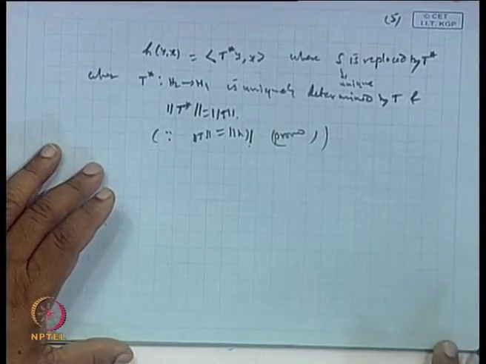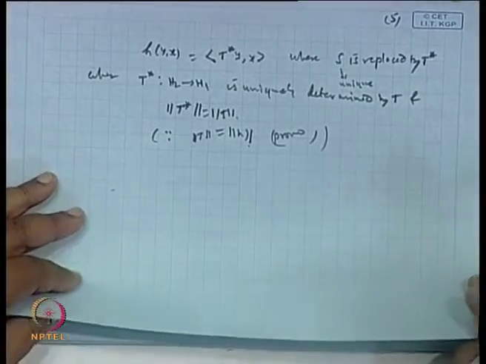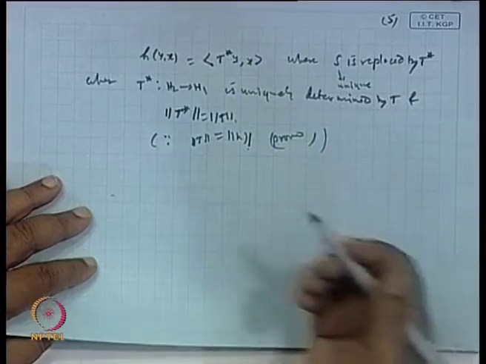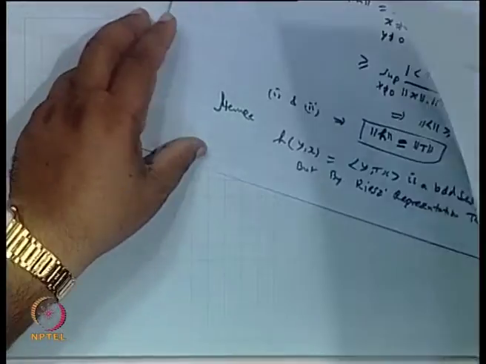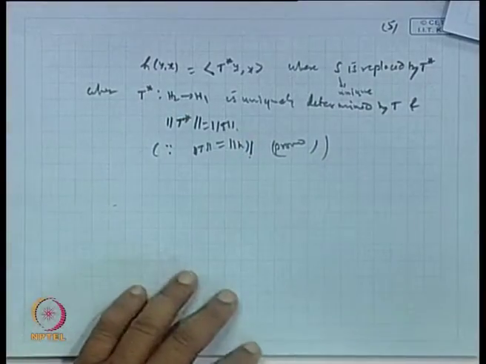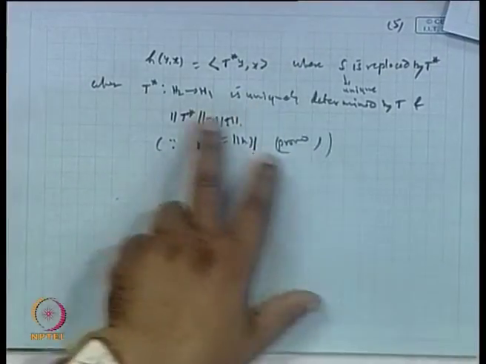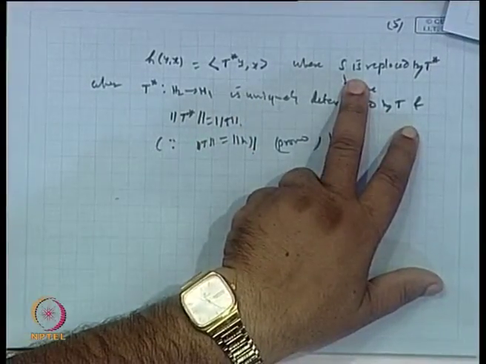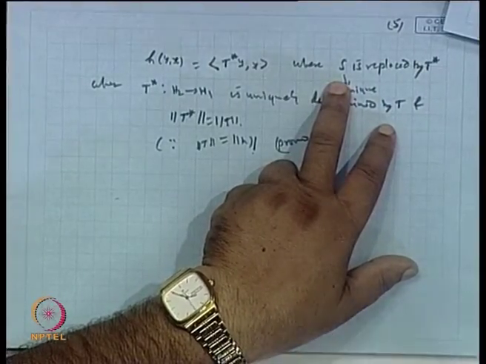So, this proves that combining this we get third. So, conjugate and then T star is an operator. So, that proves the result, is it not? Because what we require to prove is that the Hilbert adjoint operator T star of T exists. So, existence of T star is guaranteed because S is replaced by T star, and existence of x is already proved in the representation theorem.